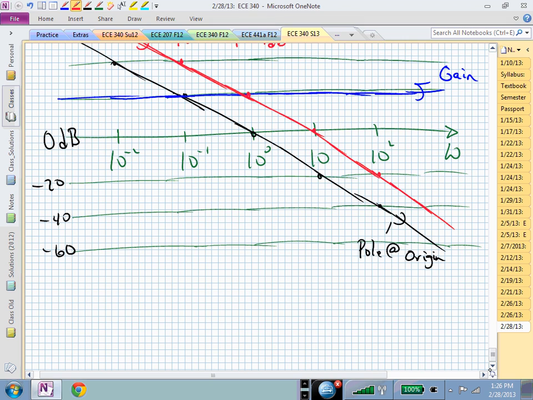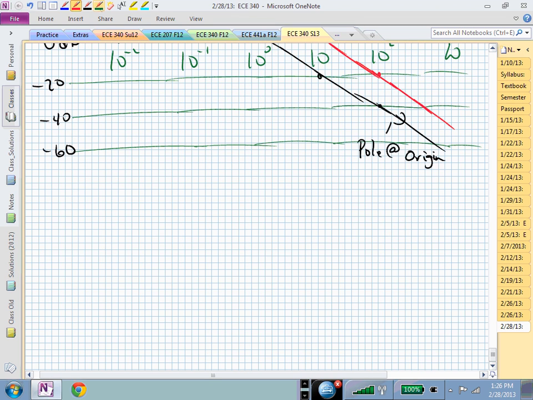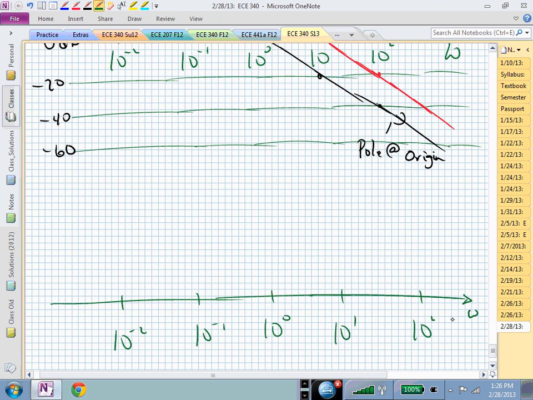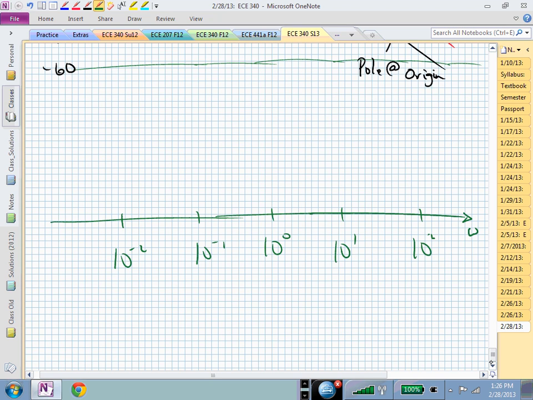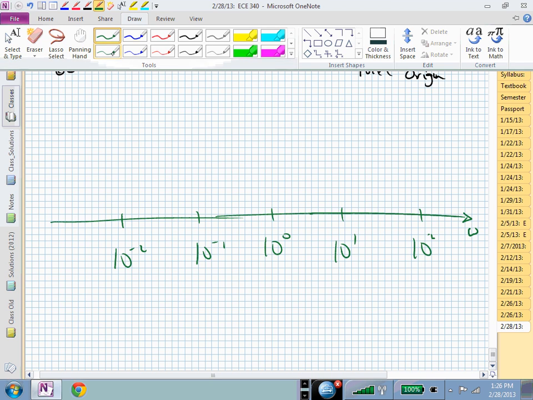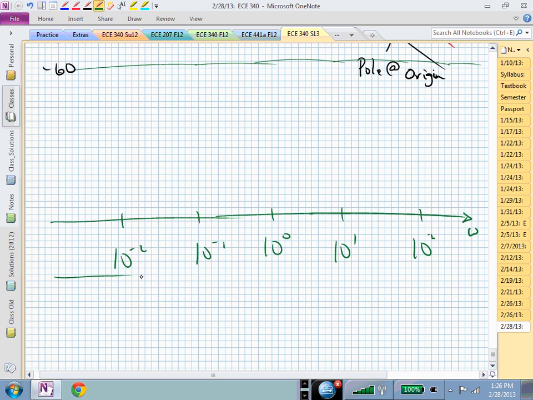The phase is not nearly as involved, is it? The phase, we have still two pieces if we wanted to. But now one of those pieces is just stuck at 0.